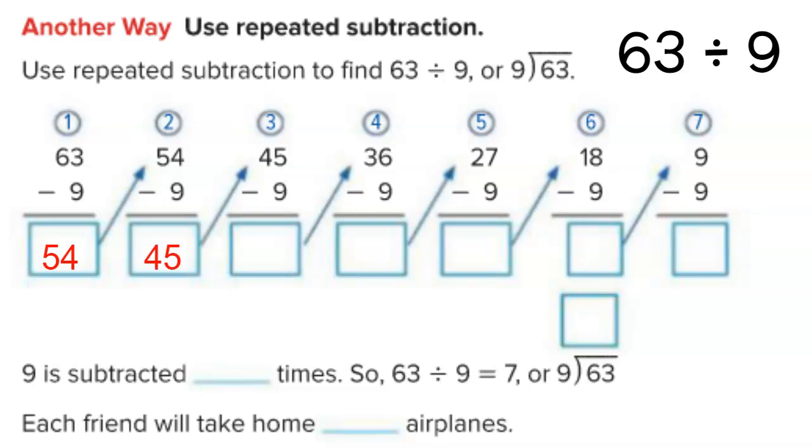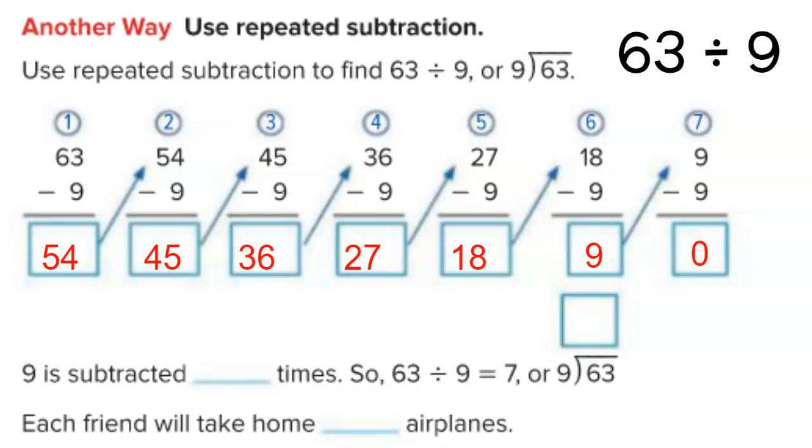54 minus 9 is 45. 45 minus 9 is 36. 36 minus 9 is 27. 27 minus 9 is 18. 18 minus 9 is 9. And then 9 minus 9 is 0.